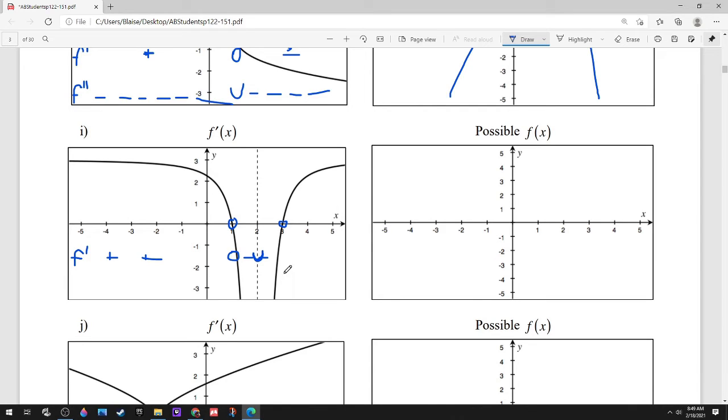And then still negatives until we hit 3 where it's 0. And then positive after. So the thing that's going to happen over here, we're going up, we're going down, we're going down, we're going up. So at 1 we're going to get a maximum, right, because it goes up then down.